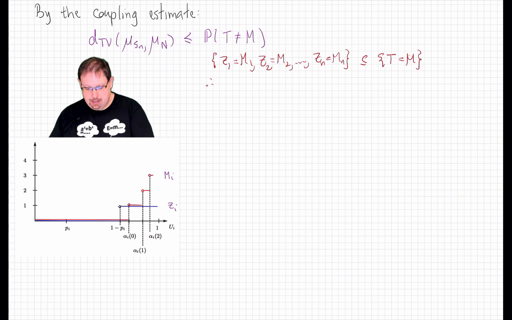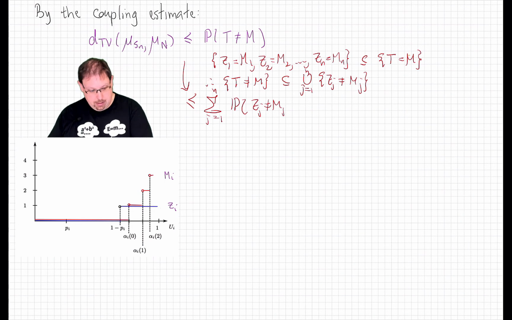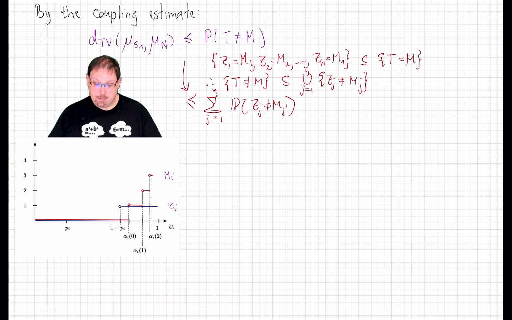And that means, contrapositively, that the event in question, that T is not equal to M, is contained in the union of the sets where Z_j is not equal to M_j. And therefore, by the union bound, the probability here is less than or equal to the sum of the probabilities that Z_j is not equal to M_j.